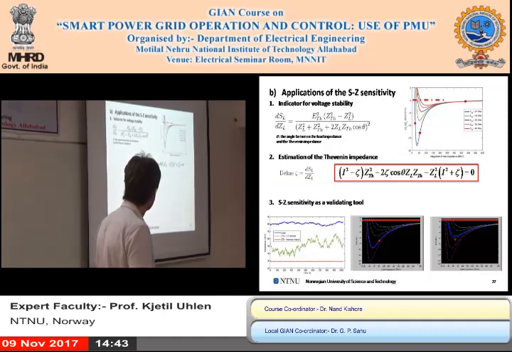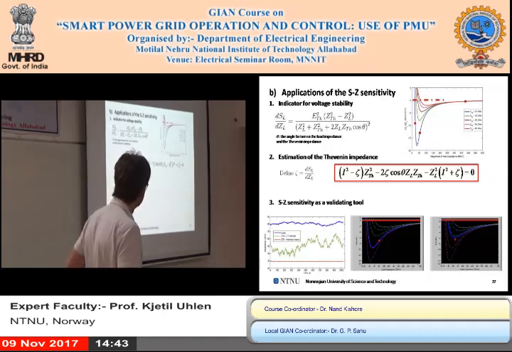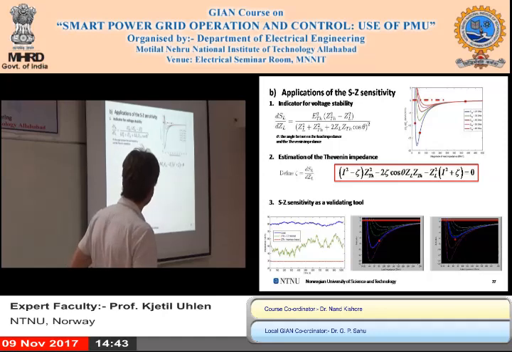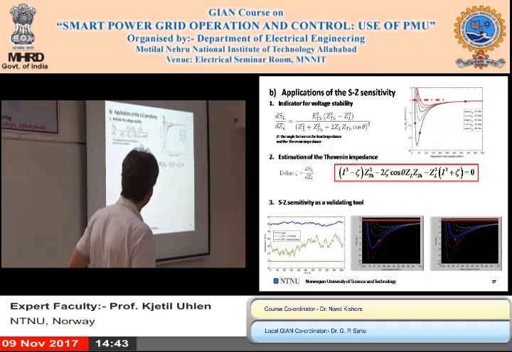What you don't know here, of course, the unknown from the start. This is measured. This is measured. So the unknown is the internal voltage and the Thevenin impedance. Now again, you can do some modification on this equation to eliminate the internal voltage.